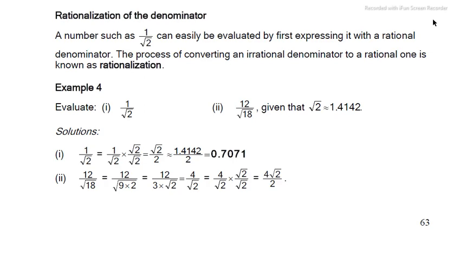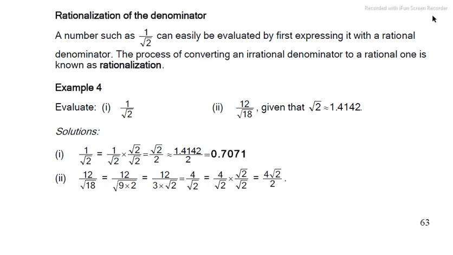And if you have 12 over 3 root 2, remember the 3 can reduce 12 to 4, hence giving us 4 over root 2. And then from there we shall multiply root 2 both up and down to end up with 4 root 2 over 2. But still, the 2 down can reduce the 4 up, and therefore we get our final answer as 2 root 2. That is how we shall rationalize the denominator.